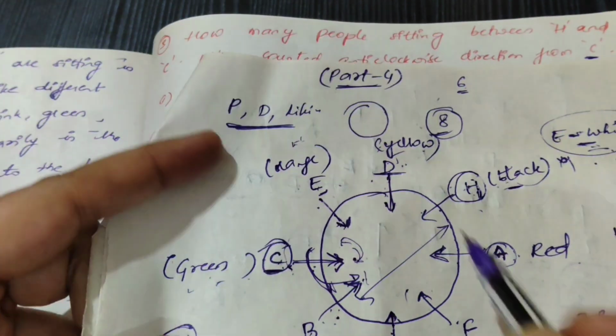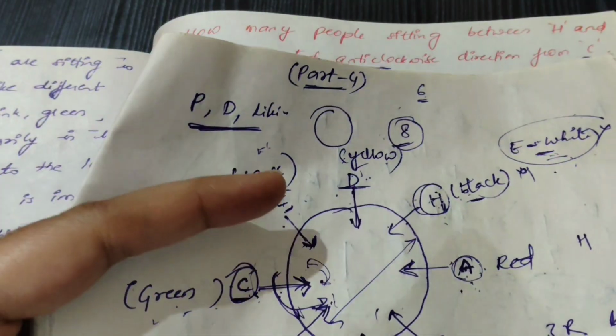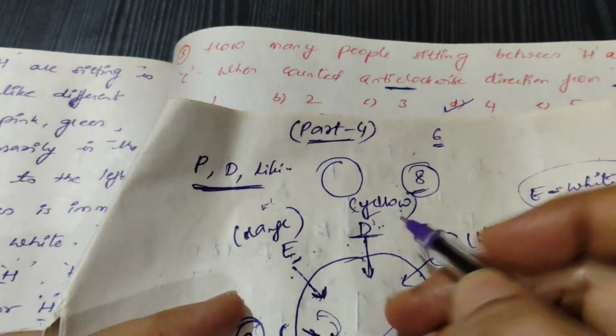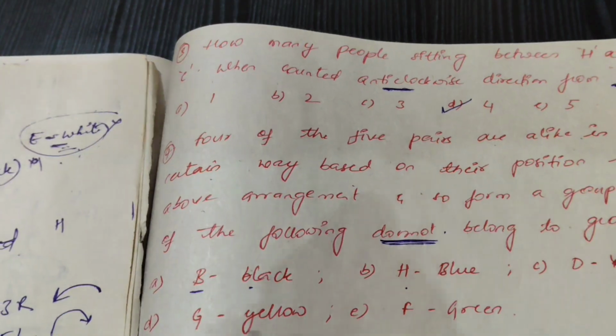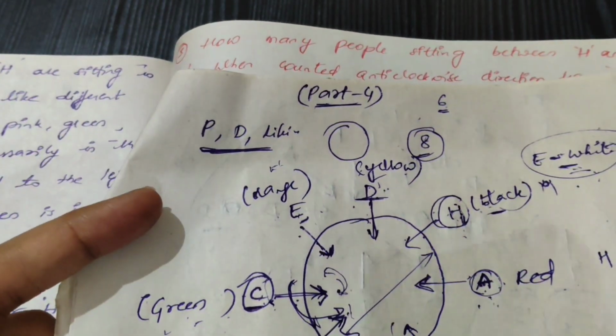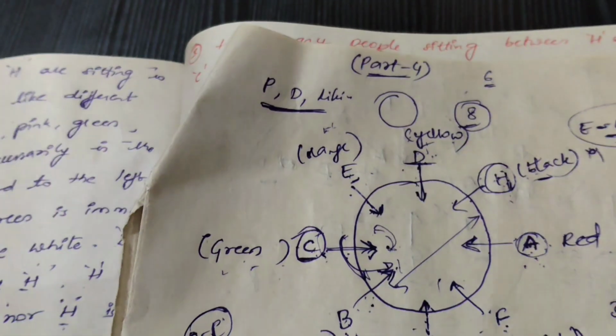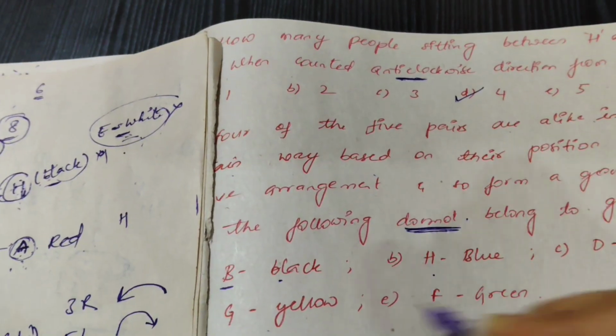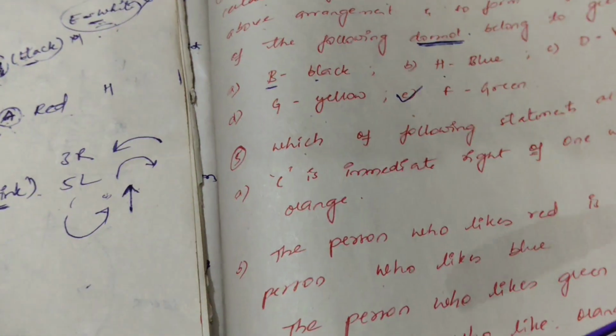H and blue. H, blue. Okay, right. D, white. D, white, correct. G, yellow. G, yellow, correct. F, green. F, orange. See, this is the wrong one. F, orange should come, but here green is there. So this does not belong to the group.